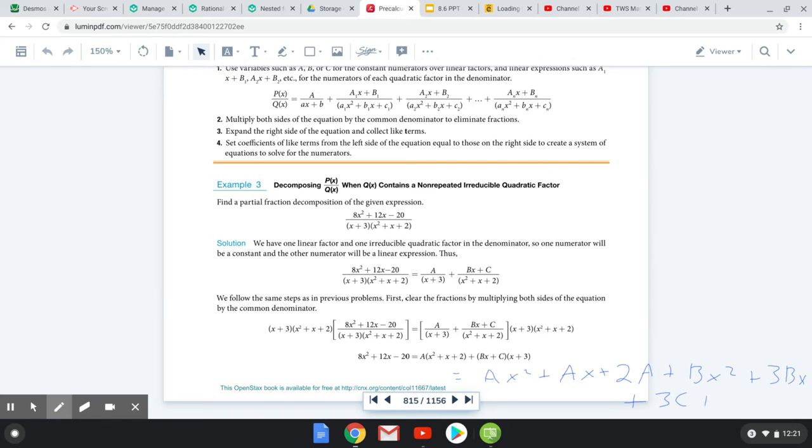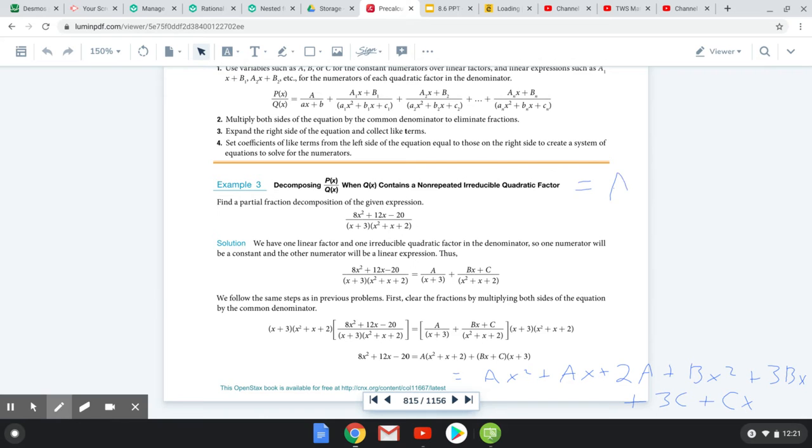Why did I do it in that order? That's weird. Okay, plus cx. Sorry, I did this one and then this one. Oh well, same result. And then just like we've been doing in the other examples, we're going to put the things with the squareds together, the things with the x's together, and then the things that don't have any x's will go together.